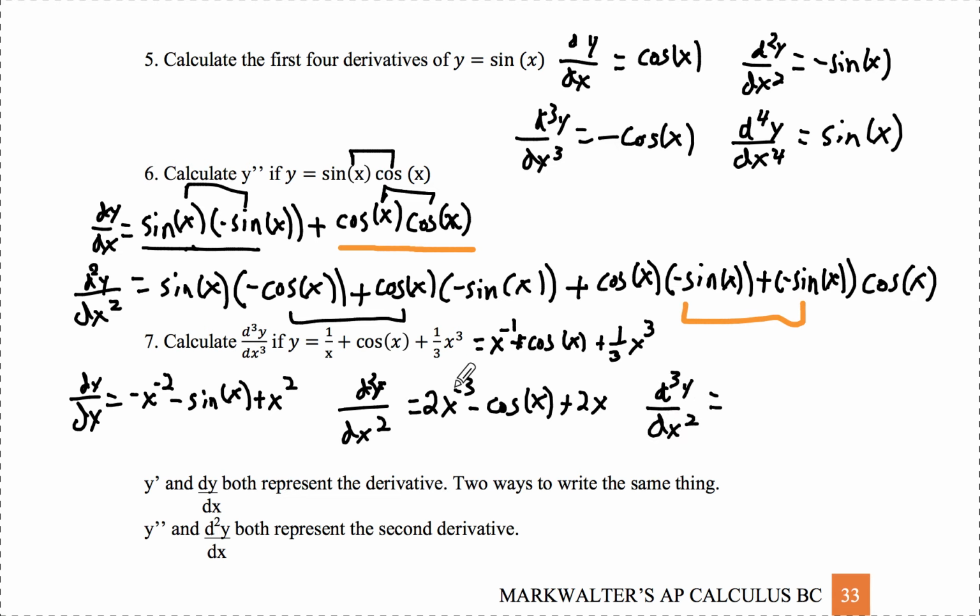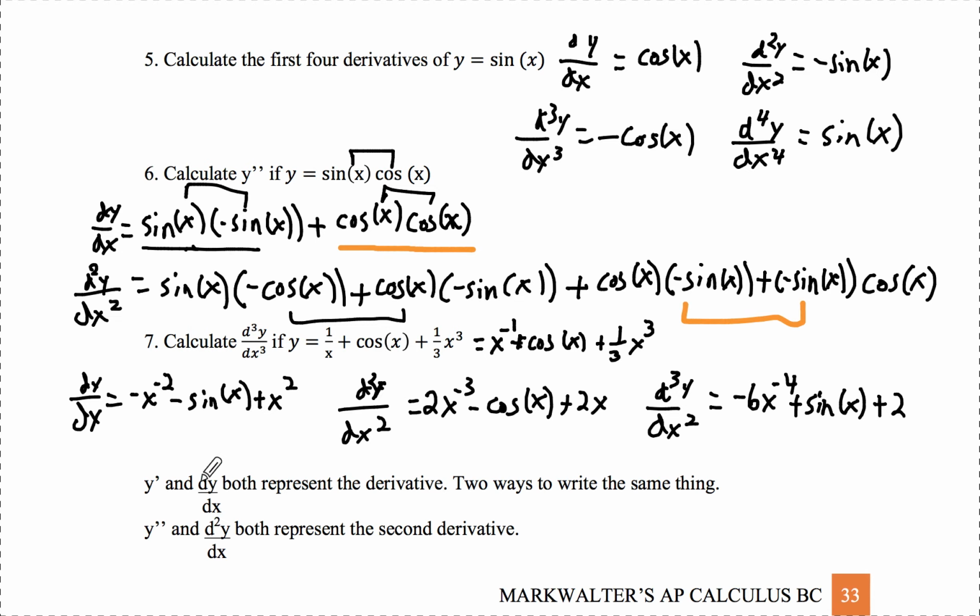The derivative of 2x to the negative 3 is negative 6x to the negative 4. Derivative of negative cosine is going to be positive sine. And the derivative of 2x is 2. And there we go. There's my third derivative.